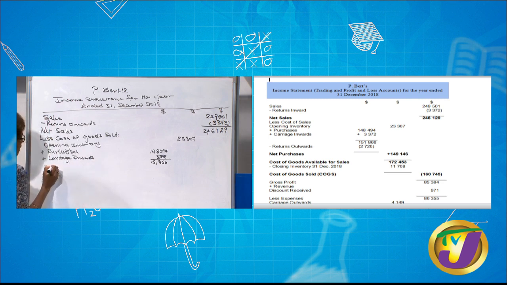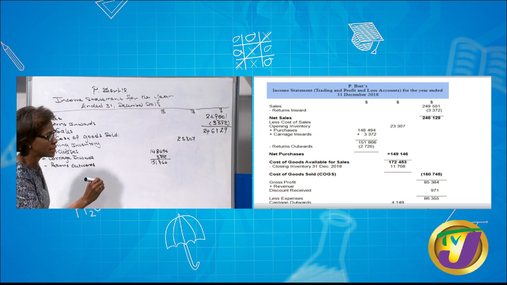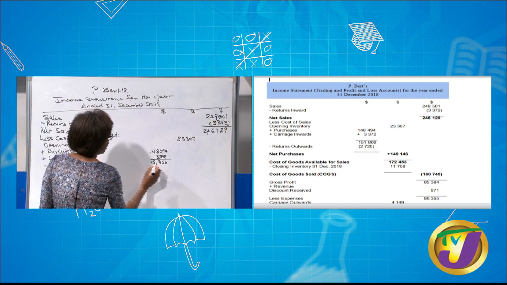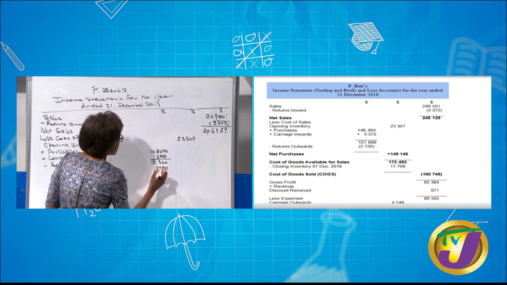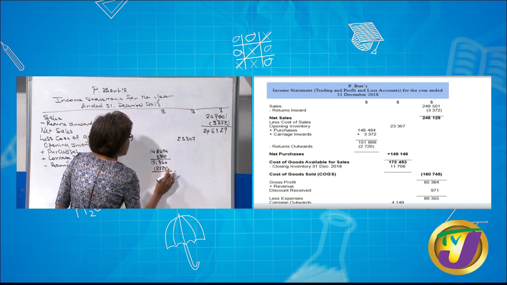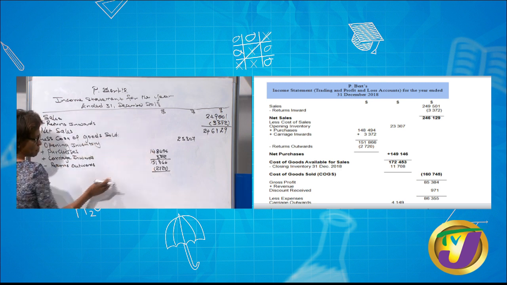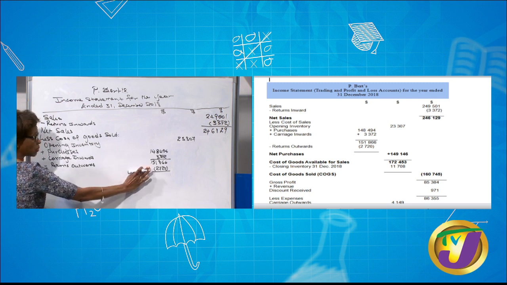Now we're going to minus our returns outwards. And our return outwards in this case is 2,720. So this purchase figure, we make adjustment to it.